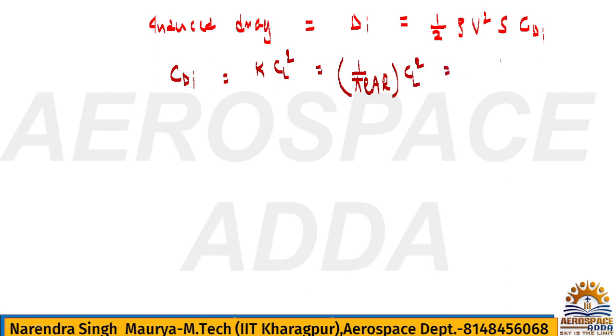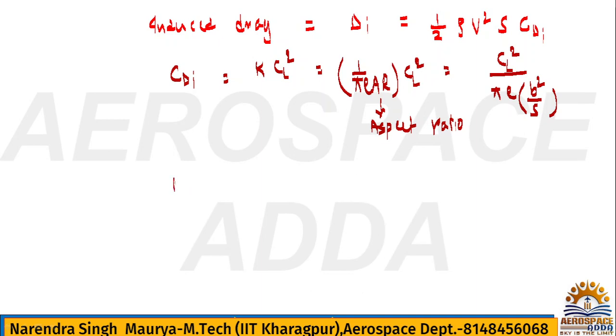So I can write here it is CL squared divided by pi e AR. AR is nothing but aspect ratio, which is nothing but b squared by S. All right, so ultimately CDi you got.